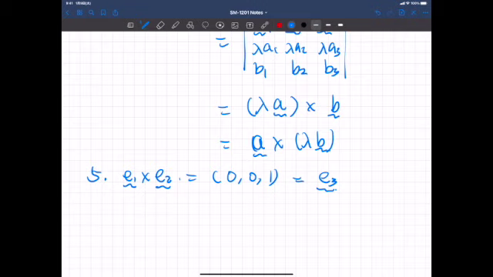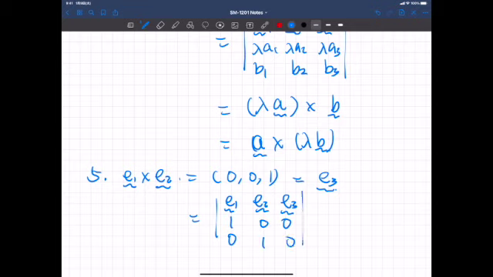Okay, just in case, let's try this. E1, E2, E3. E1 is 0, 1, 0, 0. E2 is 0, 1, 0. So if you calculate, that's 0 times 0 minus 1 times 0, which is 0.